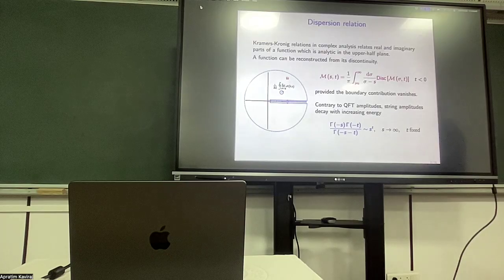For this particular thing, the only singularities are at the integer values of S and T. So if we can come up with a new representation which will be convergent for any values of S and T, we can call that a field theoretic representation.